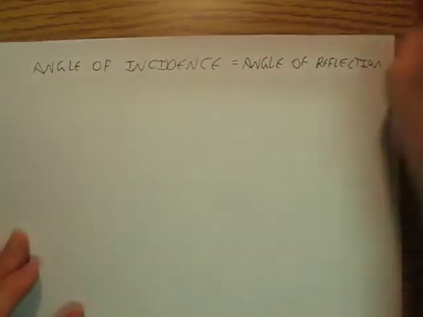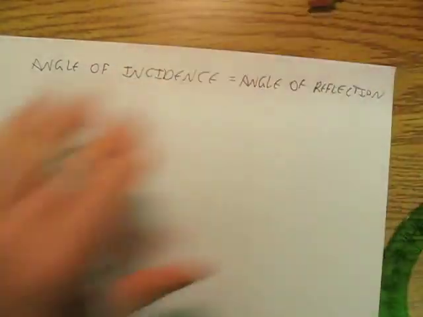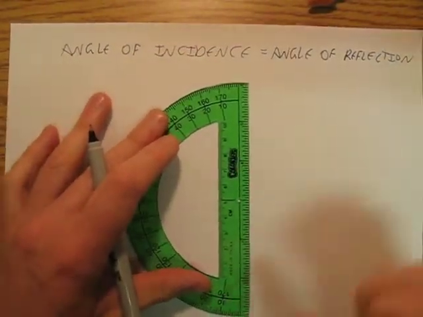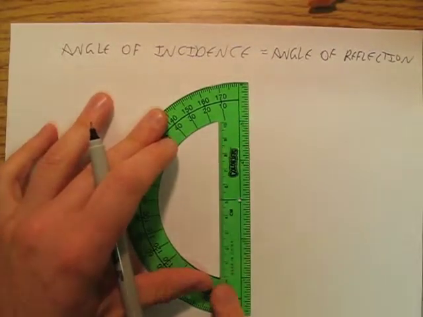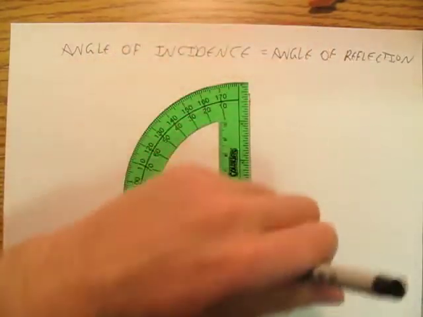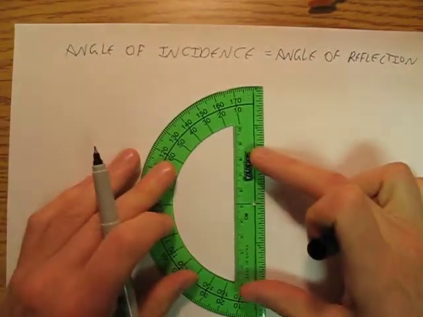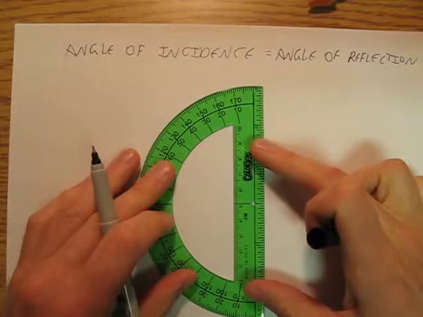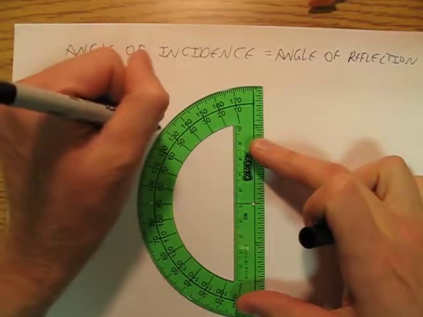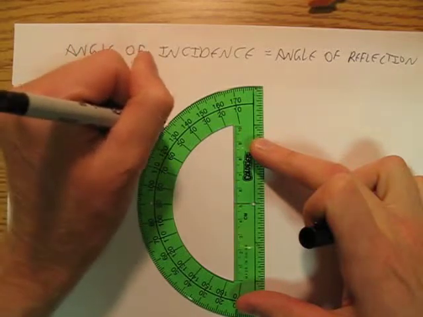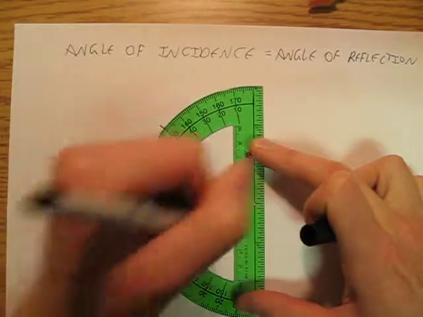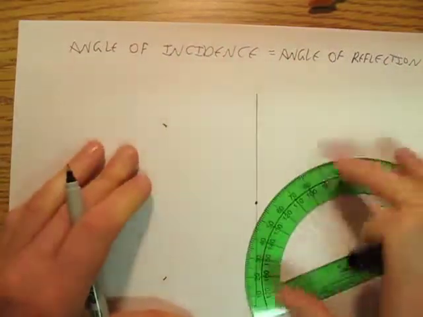So basically if I have a mirror that's a little bit like this, and I have a ray of light that comes in like so, it's going to bounce out like so.